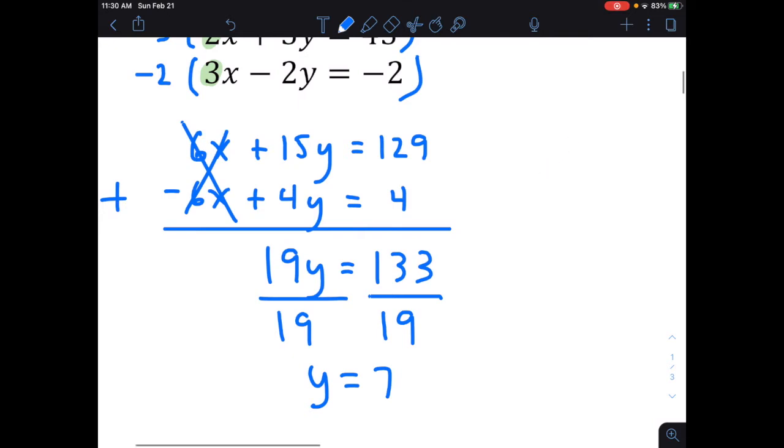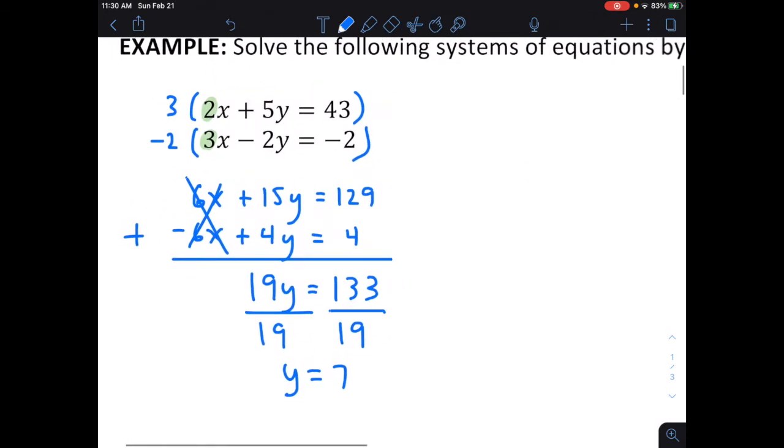Then what we need to do is go back up like we have in the past, and we get to pick one of those two equations and we get to plug in that 7. I'm going to pick the top one because it's all positive. 2x plus 5, I'm going to just go ahead and plug in the 7 now, equals 43.